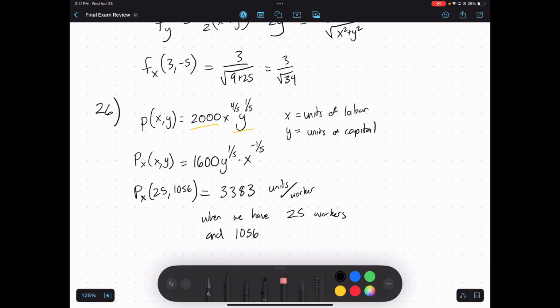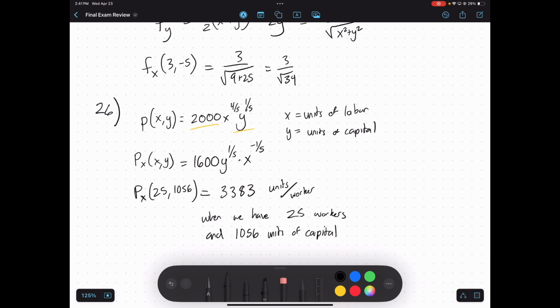The amount of product. Well, I'll just keep it as units of capital. But the idea here is we have 25 workers. We're adding a 26th worker. This is how much it's going to change.